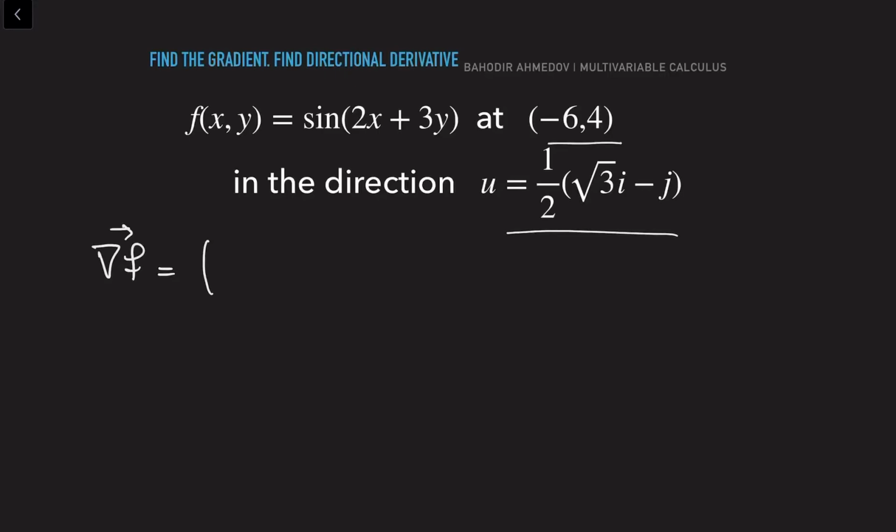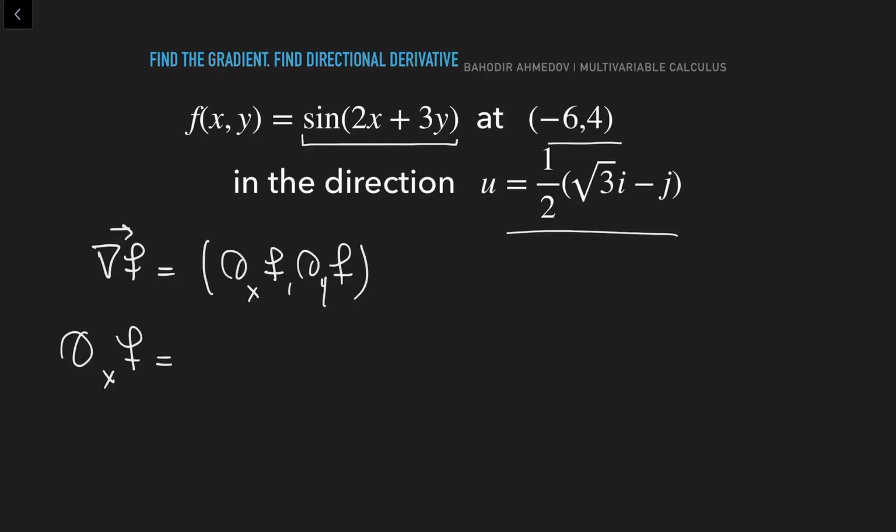It contains the two components, the partial derivatives of this function with respect to x and y. So the partial derivative with respect to x: we take the derivative of this function where y is considered just a constant, like 2x plus c.